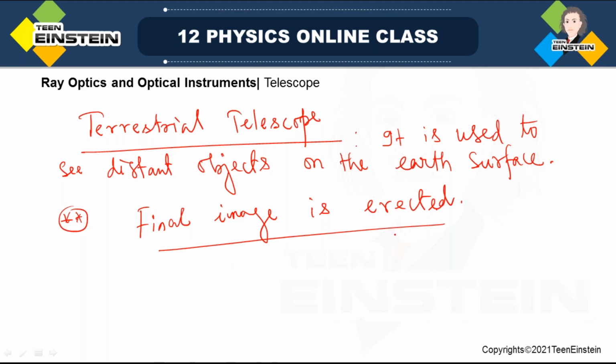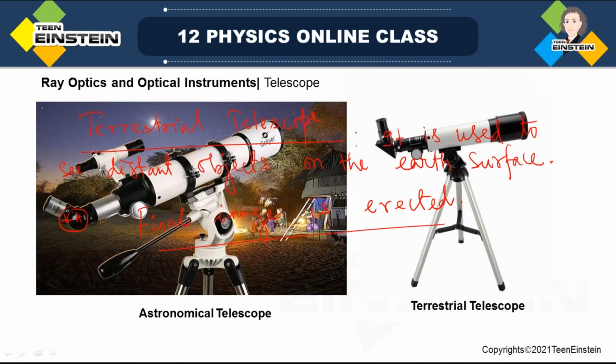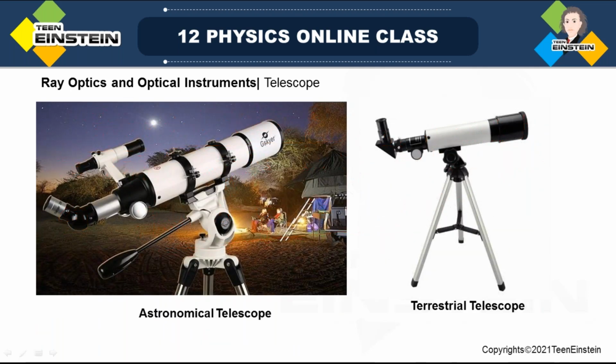It is very difficult to get an idea if you see an inverted image of any object on the earth's surface. So that's why the construction will be a little bit different from the astronomical telescope.